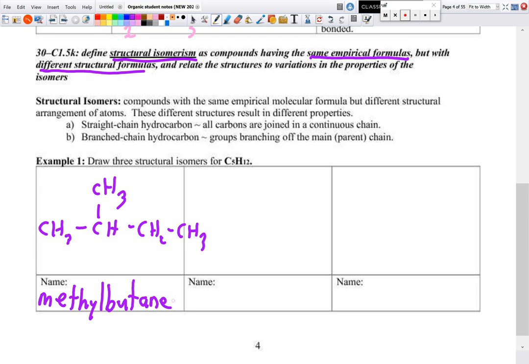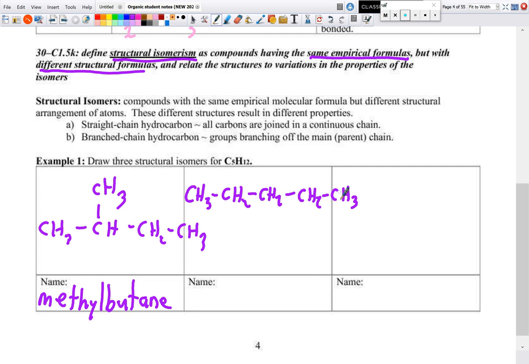Now for a 5-carbon atom as well, I can draw something different, and that is what if I stuck all the carbons end to end to end, so I don't have a thing sticking up, it's just one straight line, right? So I would have CH3, CH2, CH2, CH2, and CH3. 1, 2, 3, 4, 5 carbons in a row.